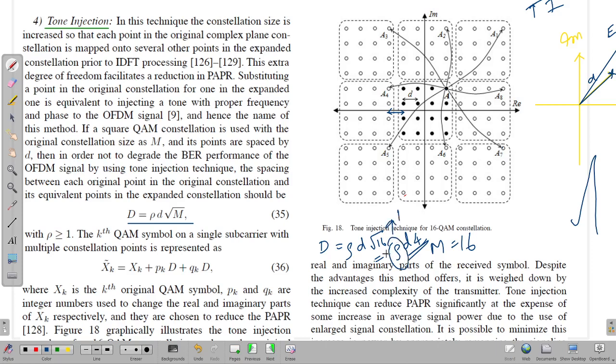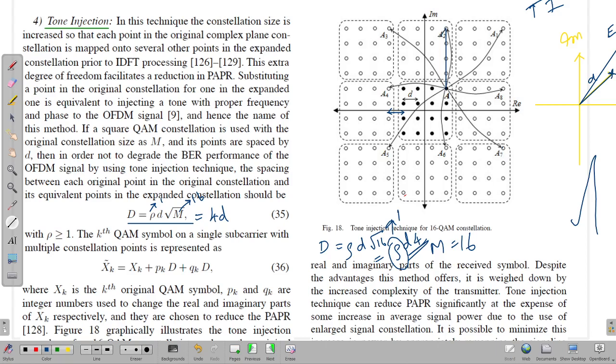Rho equal to 1, and M equal to 16, I have got it as 4d, and this capital D is the distance between the original constellation point and the extended constellation point. So that is this distance.